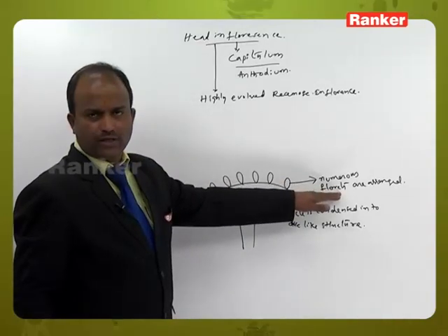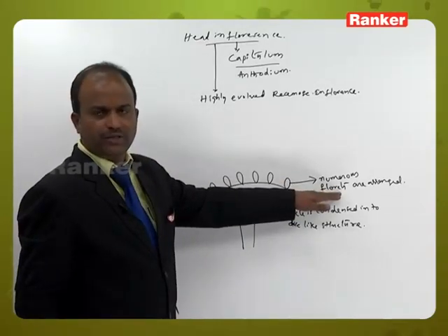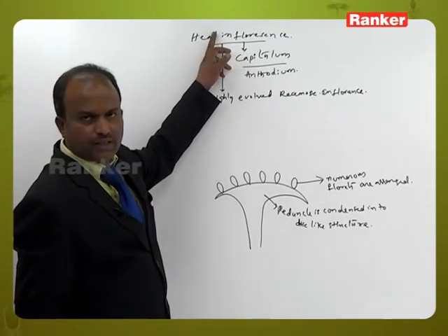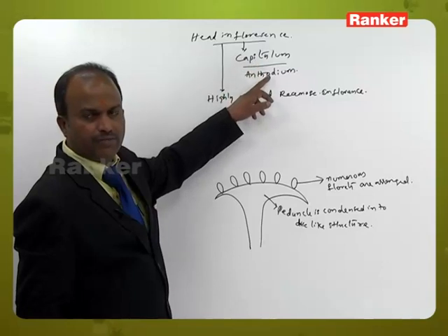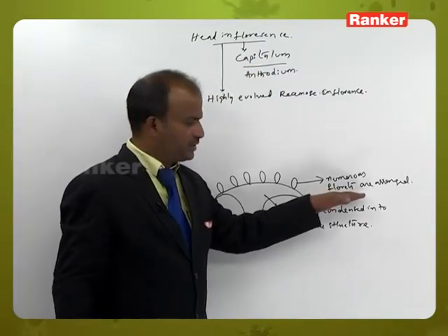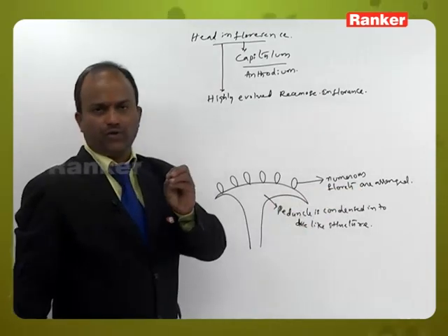What is meant by florets? Here the flowers are reduced in this highly evolved racemose inflorescence, the head inflorescence or capitulum or anthodium. So those reduced flowers are called florets.